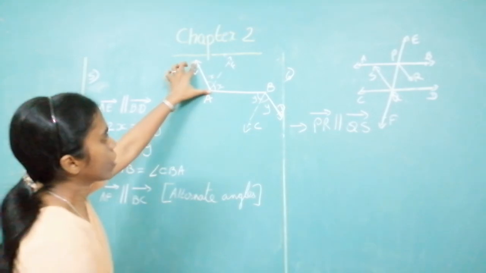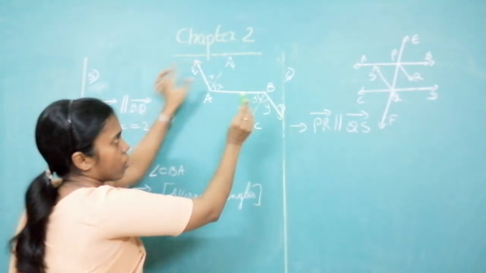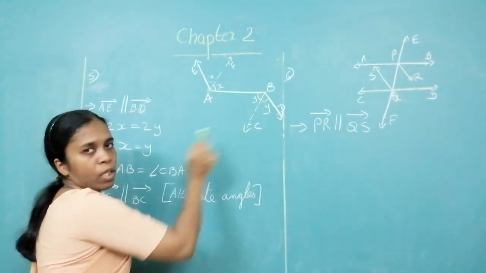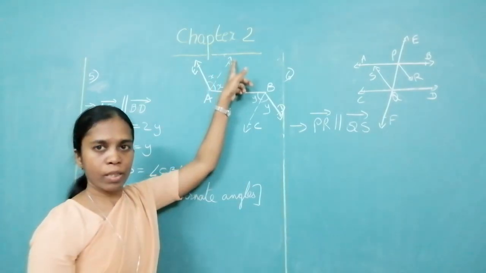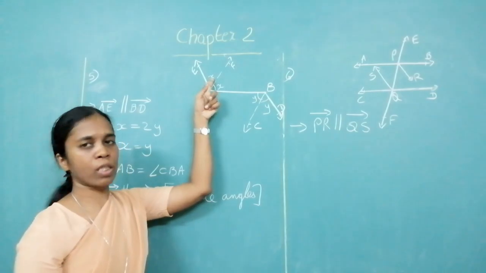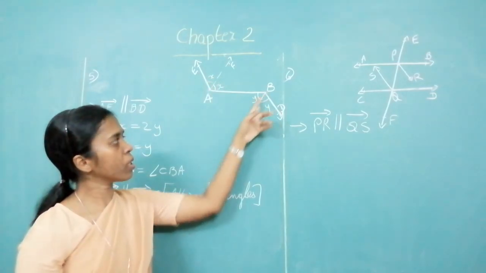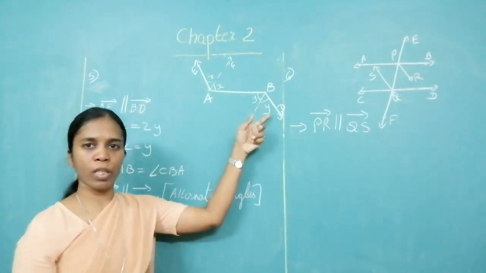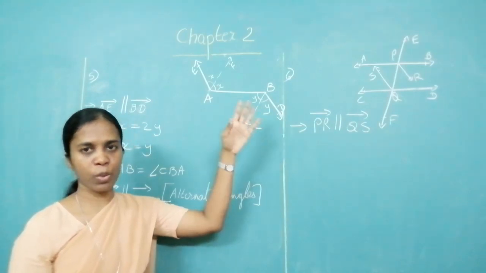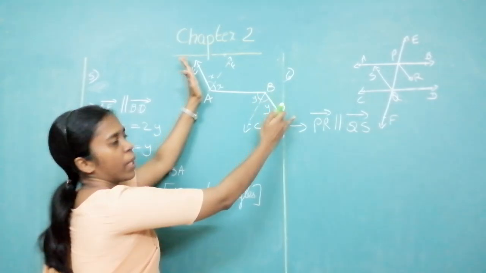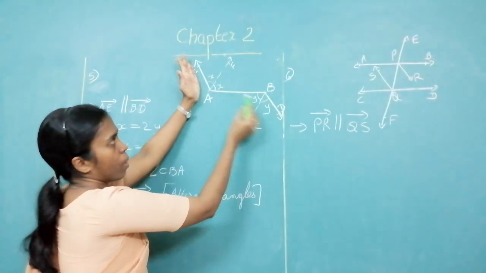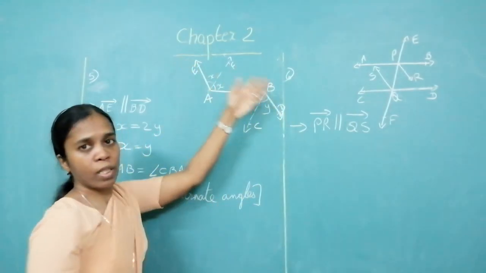What is given? This is parallel to this is given. These are angle bisectors. So, we will go step by step. This is an angle bisector. Therefore, if this is equal to x, this also is equal to x. This is an angle bisector. This is equal to y. This also is equal to y. It is given to you in the diagram. Okay. Now, what else is told? This and this are parallel. If this and this are parallel, this is your transversal.